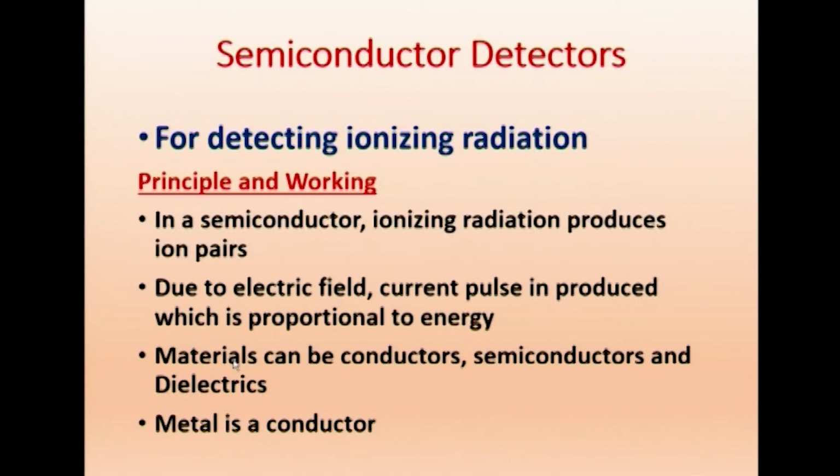Now what are the materials that you can use? We already said the semiconductor. We will just see why we need to choose a semiconductor. Any material you take can be a conductor, semiconductor or dielectric. Metal is a very good conductor, like all we use for wires.